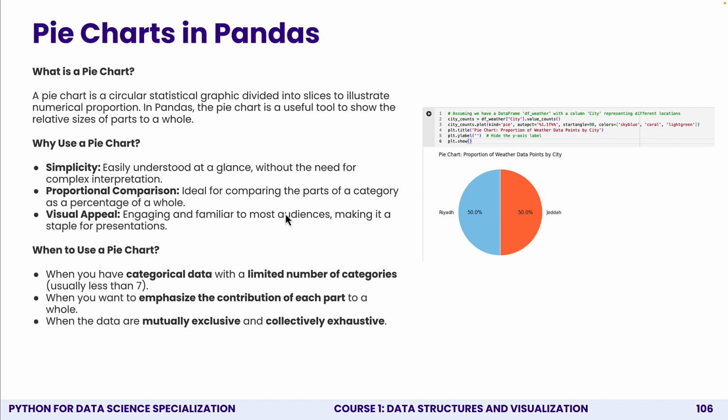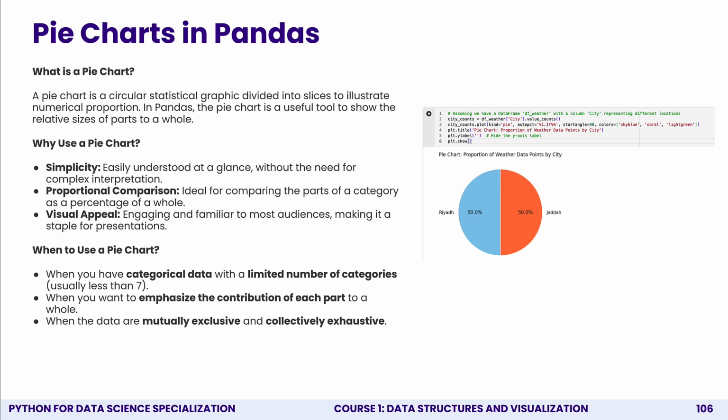To use the pie chart, first of all, you must have categorical data. What is our categorical data here? The cities, Riyadh and Jeddah. It's not numerical data, it's categorical data. You can use it on categorical data with a limited number of categories. Usually it's not recommended when you have more than 7 categories, because it's going to be cumbersome.